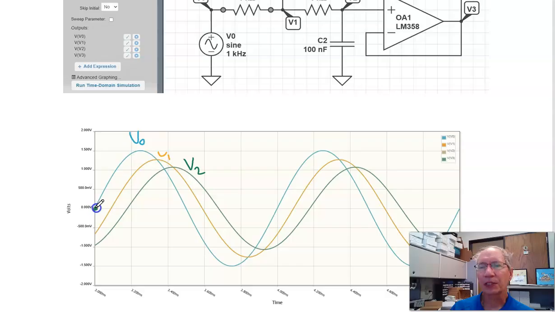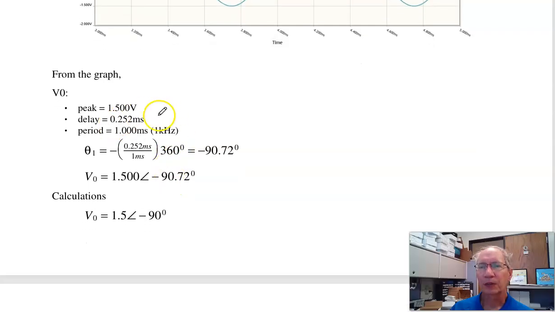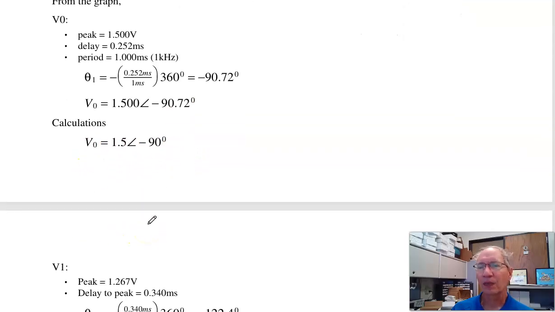If this is t equals 0, then this is the delay of V0, minus 90 degrees, delay on V1, delay on V2. So for V0, the peak is 1.5 volts, the delay is 0.252 milliseconds, the period is 1 millisecond, 1 kilohertz. So here's the phase shift, here's what I get from CircuitLab, here's what I calculated.